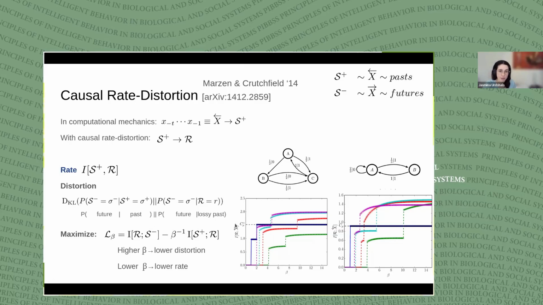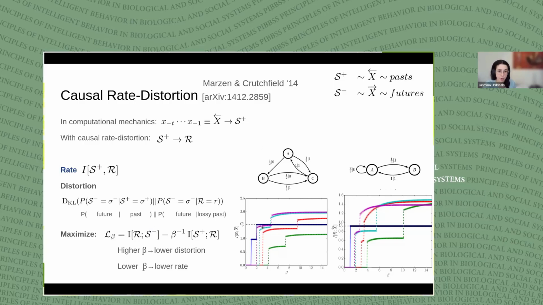And on the y-axis of the plots, you have the rate. And again, we focus only on the dark blue curves. Those are the curves that are calculated with causal rate distortion and the theory predictions that we make with that. And we see that, for example, for this process here, we have two transitions, and that is because we have three states, and at higher beta, we can crisply distinguish between all different states.